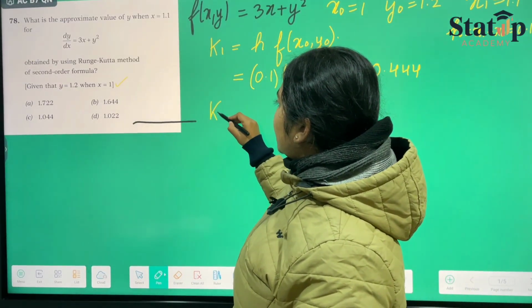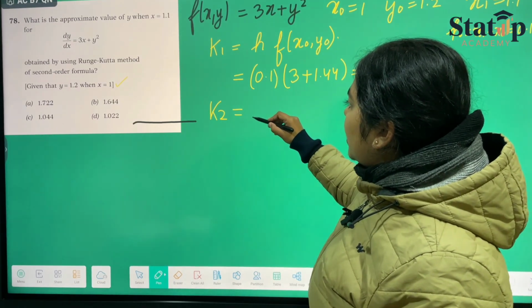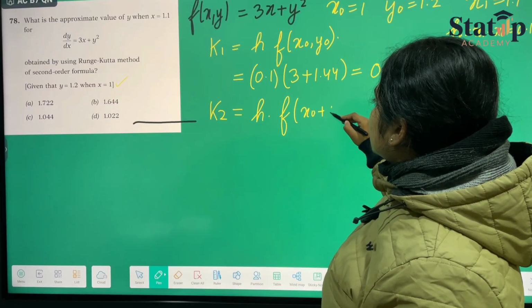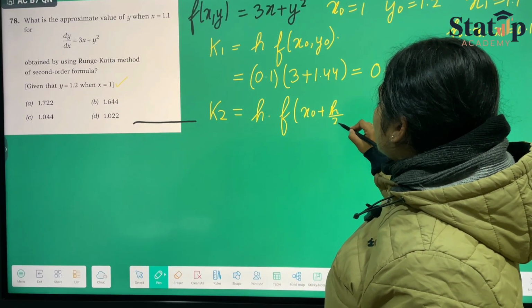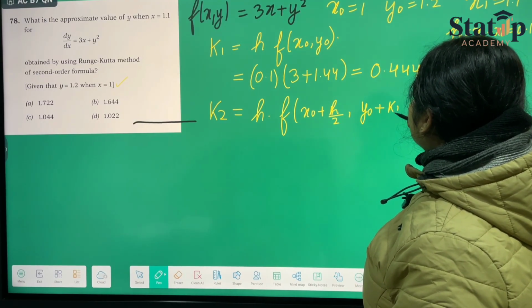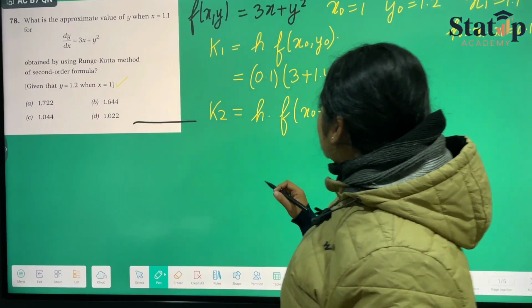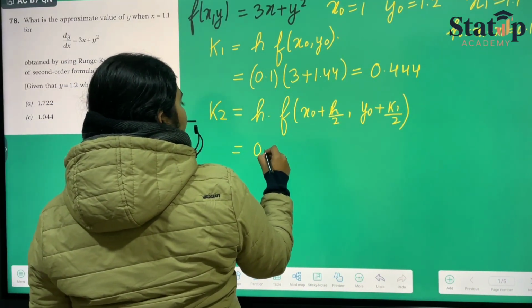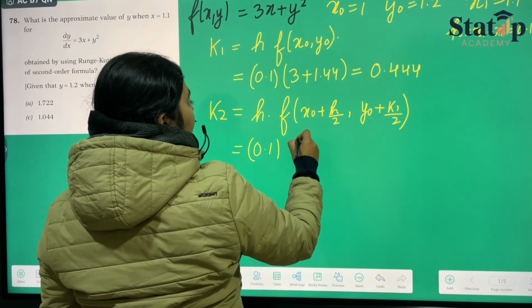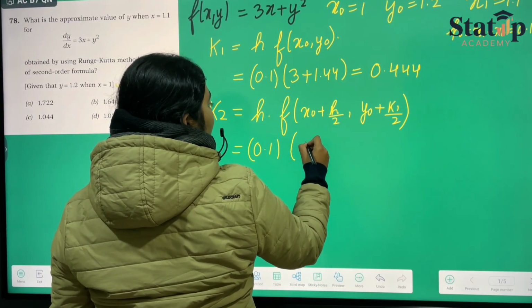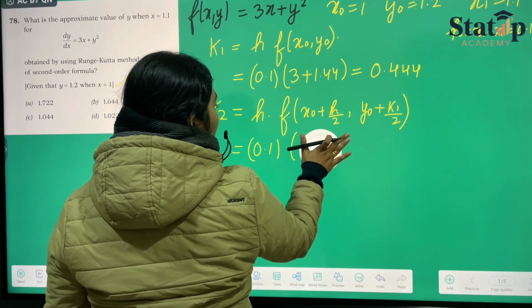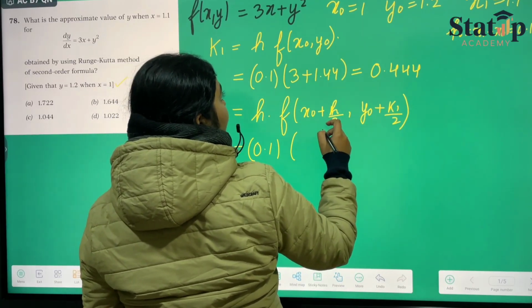Now calculating for k2. K2 has the formula h into f(x naught plus h by 2, y naught plus k1 by 2). So again h is 0.1, x naught plus h by 2: h by 2 is 0.1 and x naught is 1, so 1 plus 0.1 will be 1.1.